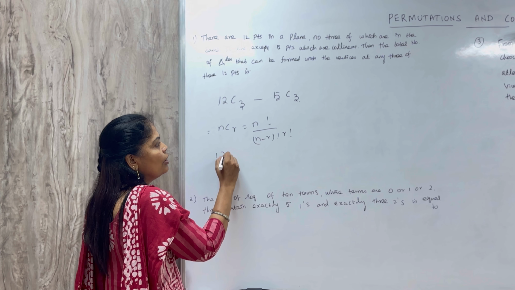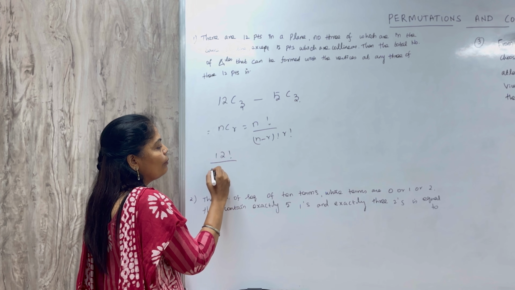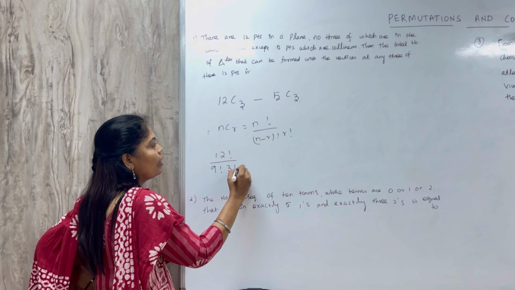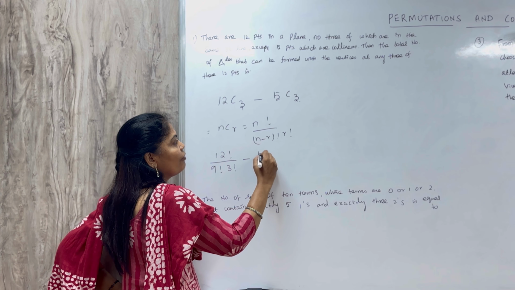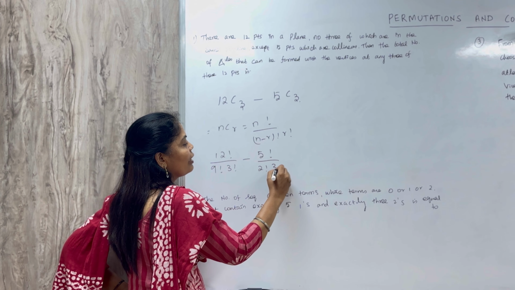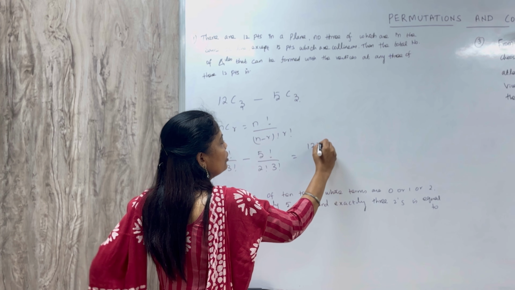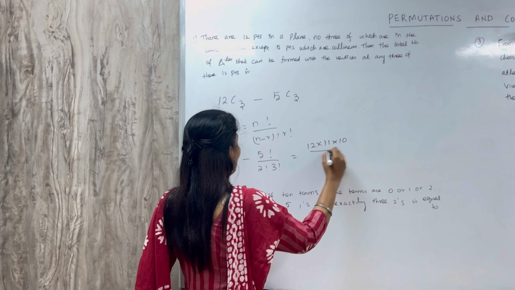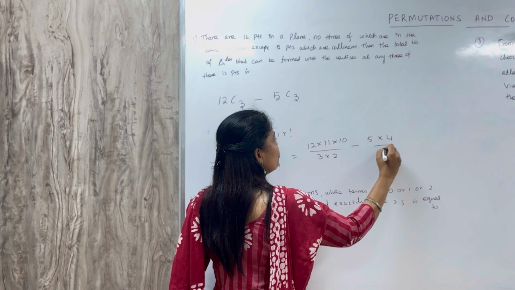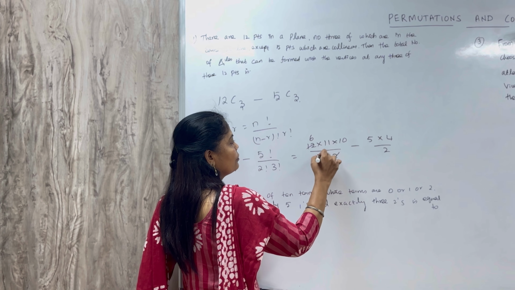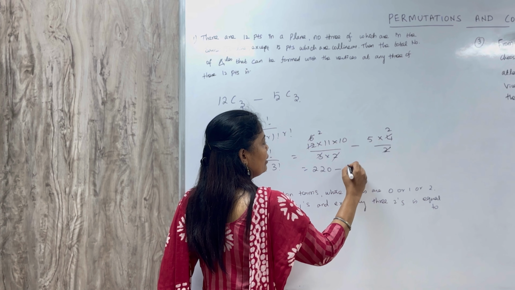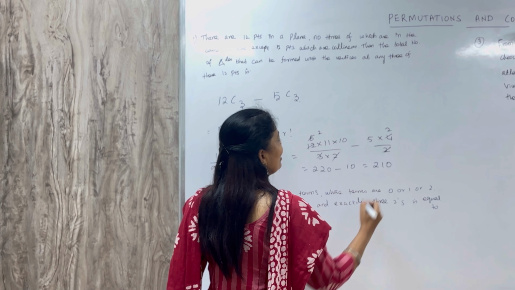So I am using 12 factorial divided by 9 factorial into 3 factorial, minus 5C3, which is 5 factorial by 2 factorial into 3 factorial. Simplify this: we are getting 12 into 11 into 10 by 3 into 2, minus 5 into 4 by 2. So 220 minus 10. So 210 triangles we can form.